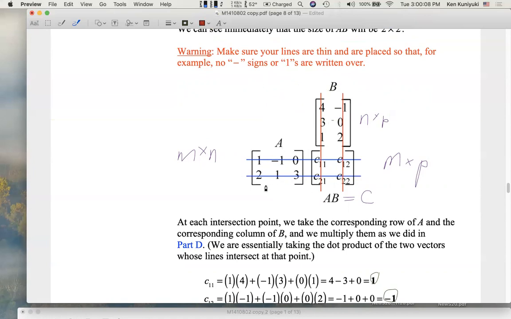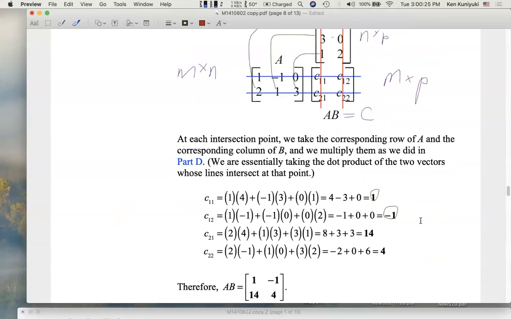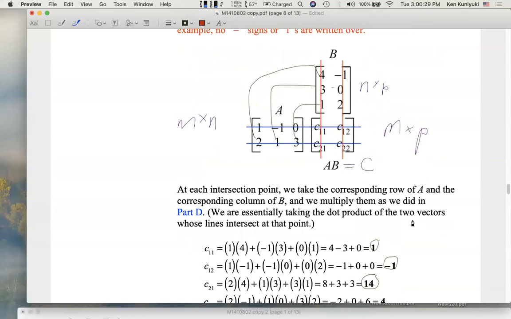All right. So for this entry here, 2 times 4 plus 1 times 3 plus 3 times 1. So we have 8 plus 3 plus 3, which is 14.